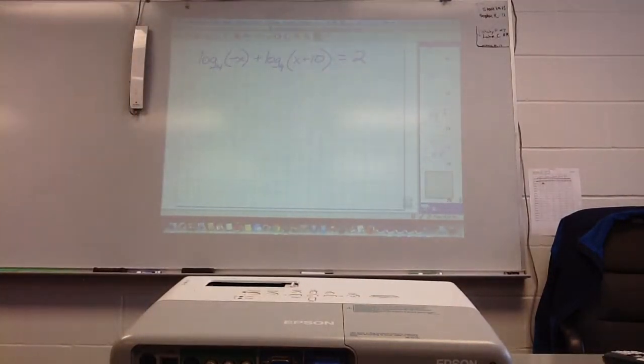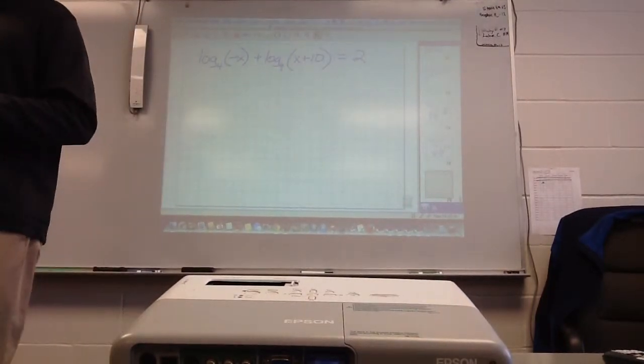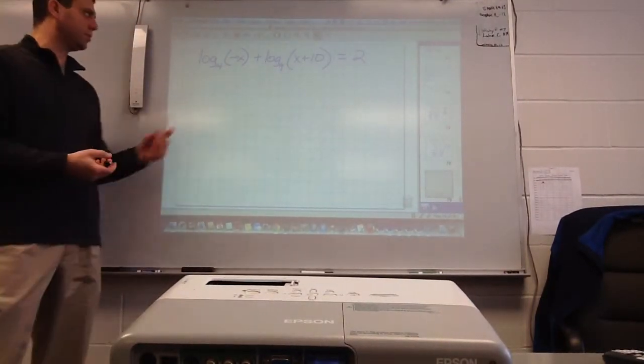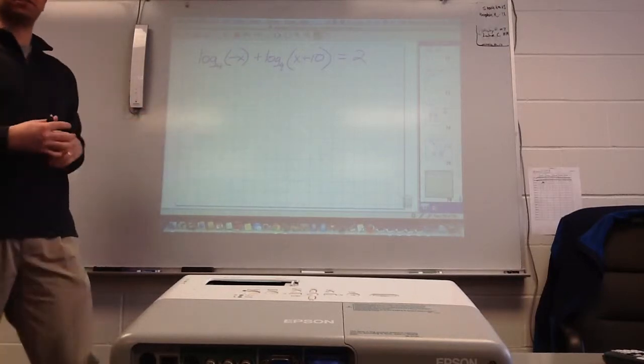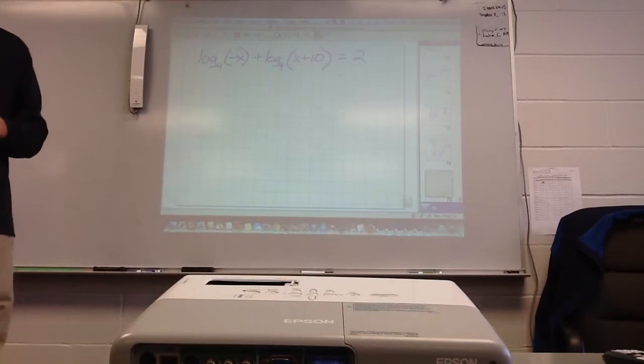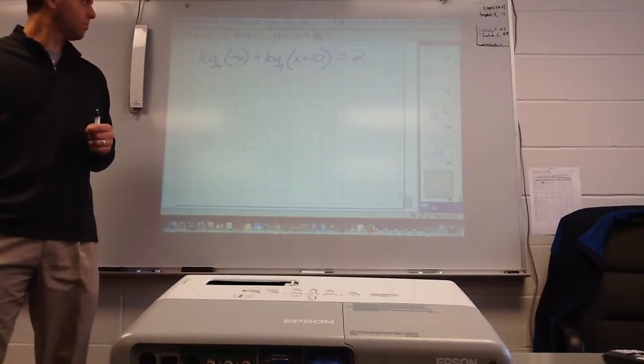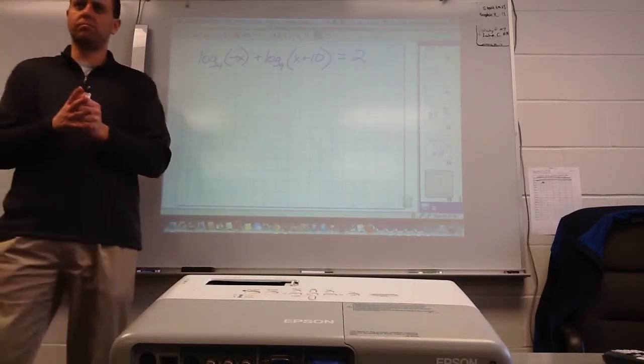Here we're solving for our variable, and it's being logarithm, so it's kind of similar to the earthquake problem that we were doing. The variable you're solving for is being logarithm, but the difference is here there are 2 logarithms. Let's just make it 1 logarithm. Can we condense it? Yes.